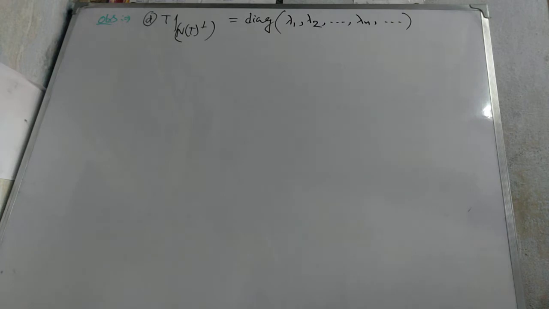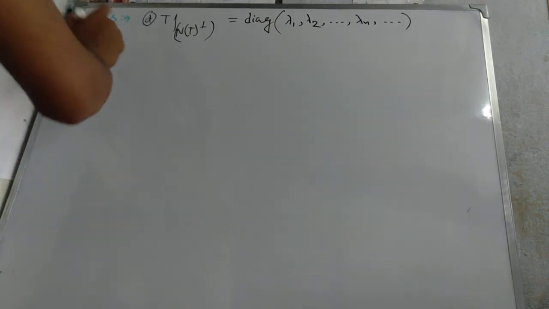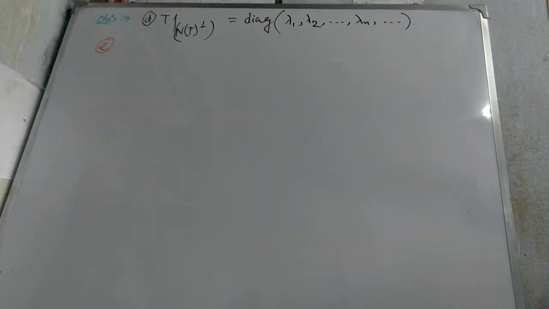Okay, T restricted to N(T) perpendicular equals this. Next we write another observation, (e).